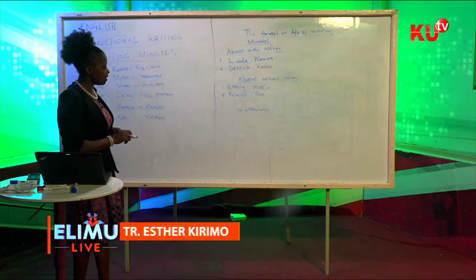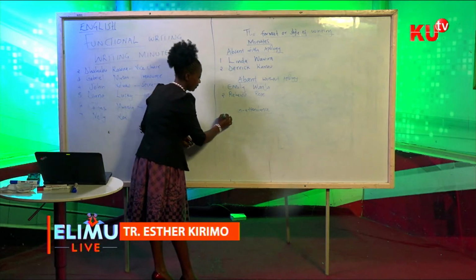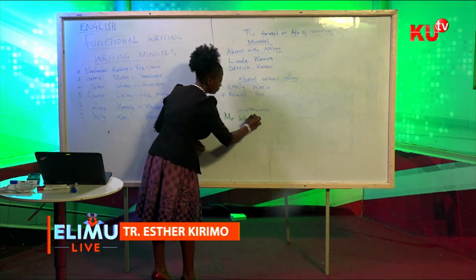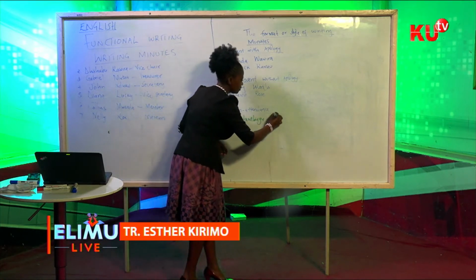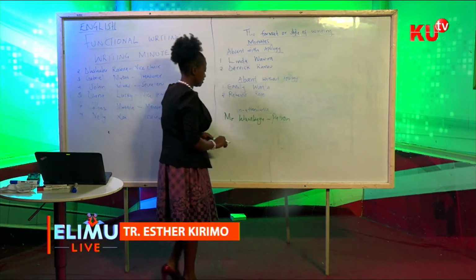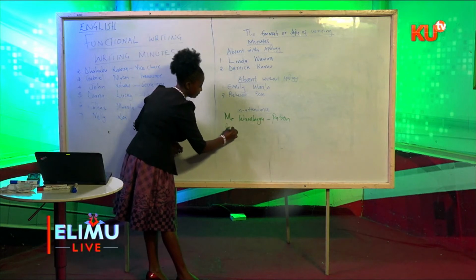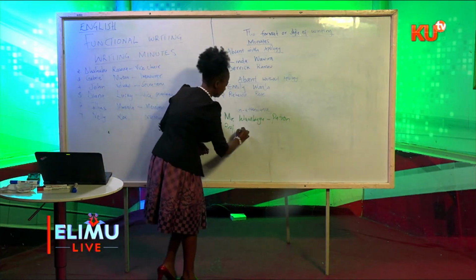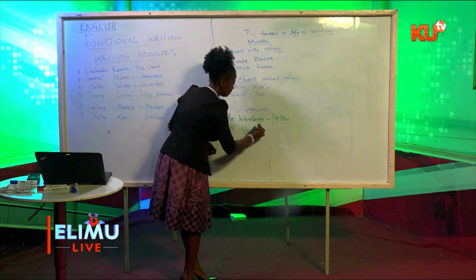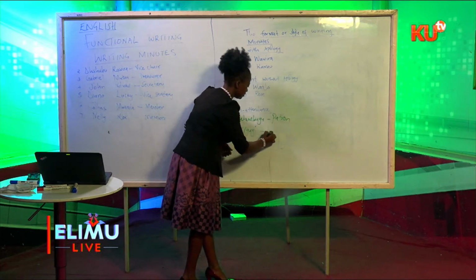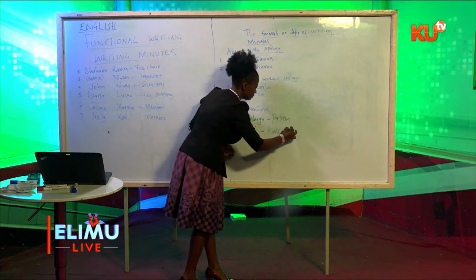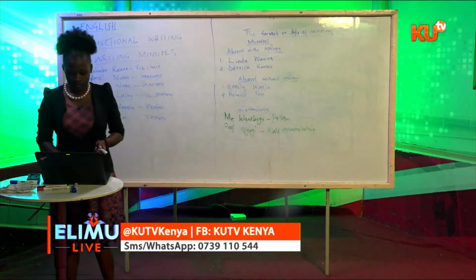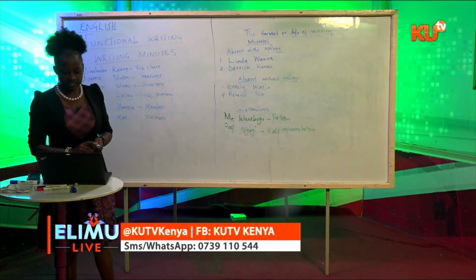So in attendance, you have maybe Mr. Wambogo. This one is the patron. And then we may have Professor Ngugi, the KWS representative, or an official from the KWS. So that is the record of attendance.